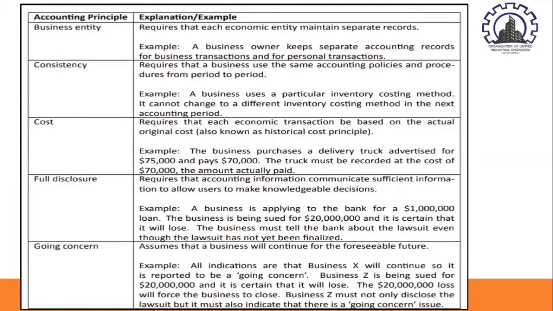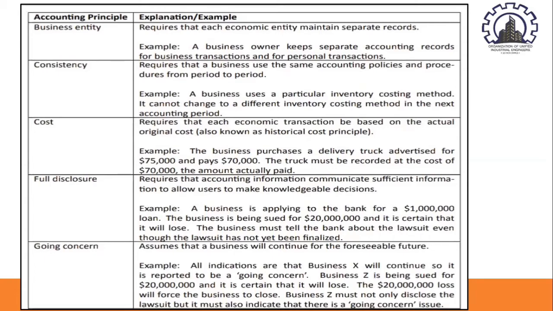Now, one accounting concept or principle, we call it business entity. So this is just a brief recap of your Accounting 1 subject. So what is meant by the business entity accounting principle? It requires that each economic entity maintain separate records.